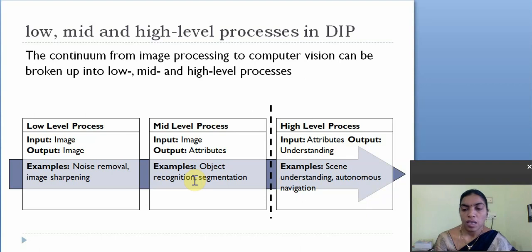In such a case, the input is the image, but what is the output? Some attributes. That means I have to include certain fruit-related things in that. I have to separate those fruits only. That means I am separating the fruits from the whole image.